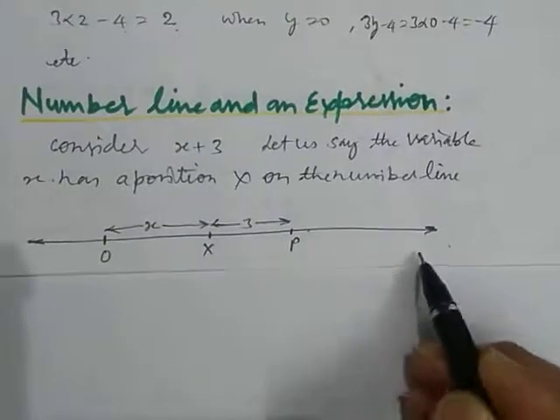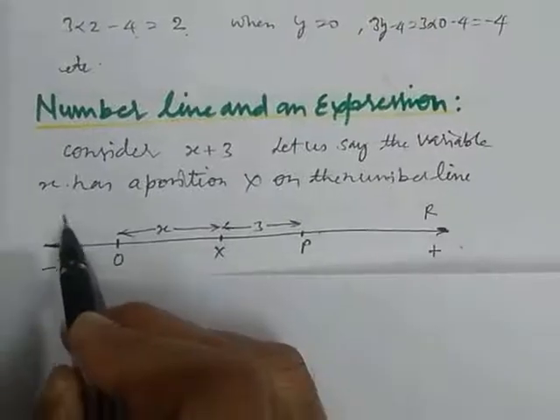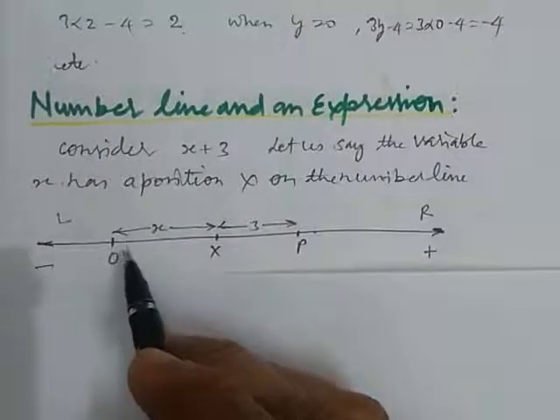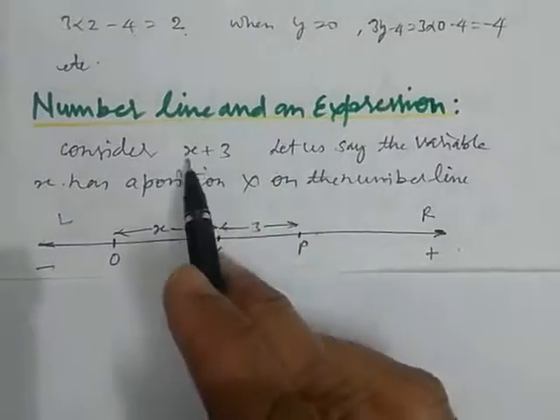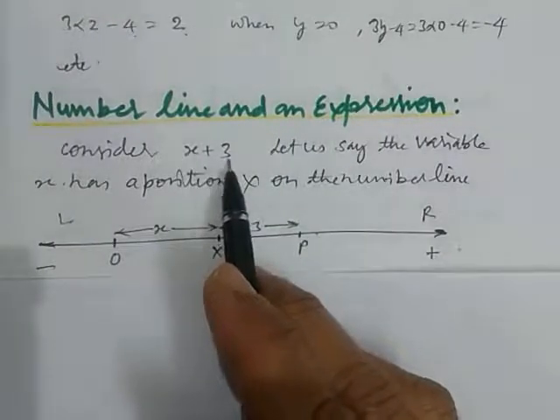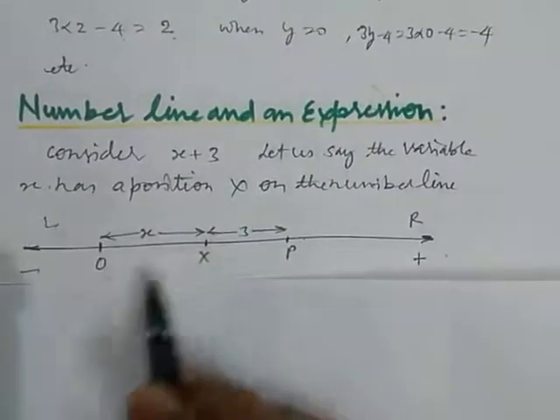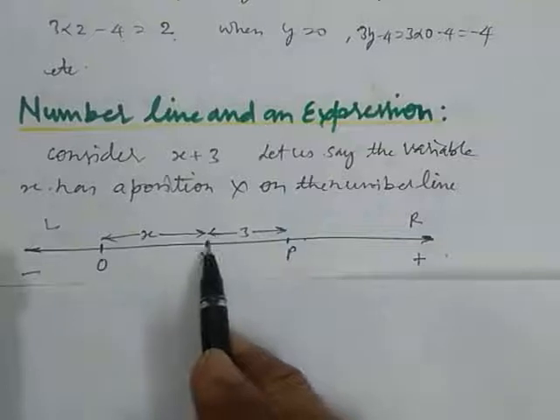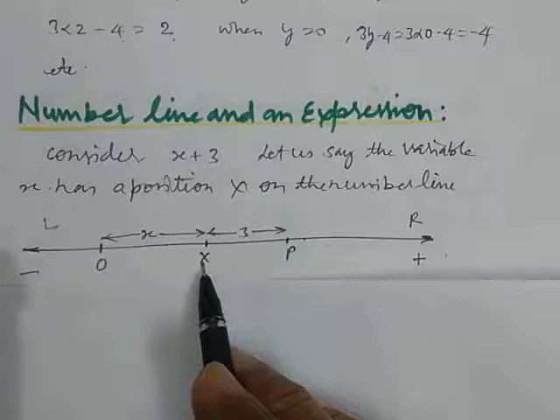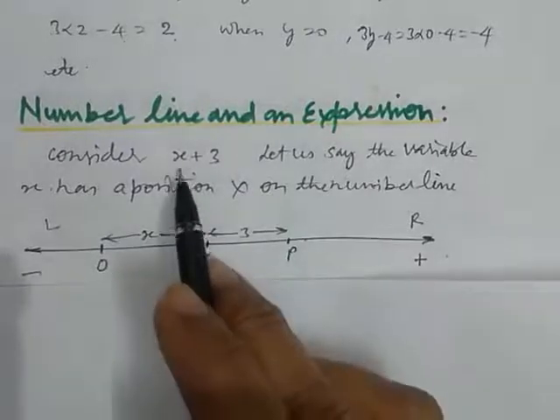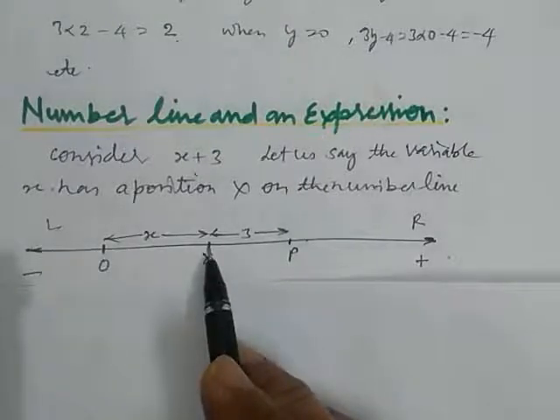This is the number line, this side positive, the right side, and this side negative, the left side, and this is the 0, that is the origin. Here we consider x plus 3, and the variable x has a position x. This is the variable x.